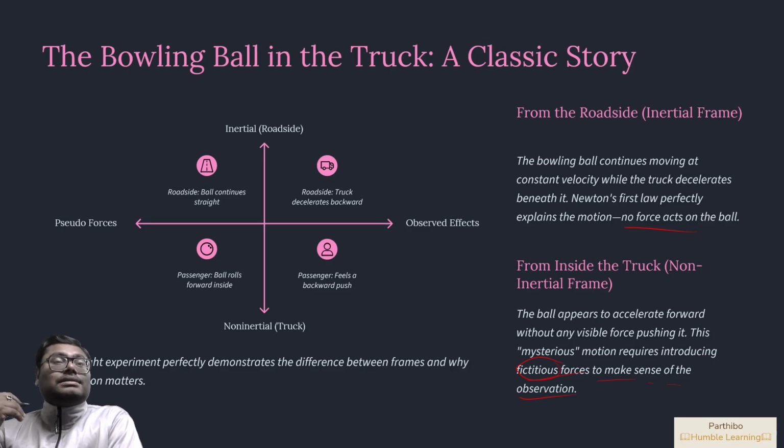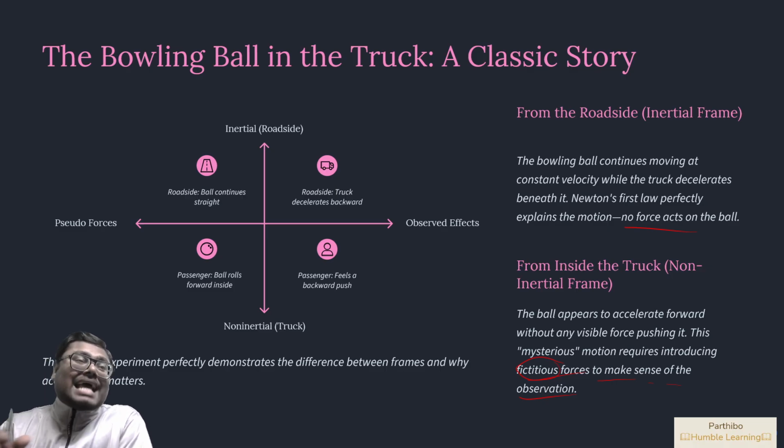The person inside the truck is never able to observe that deceleration. So that deceleration automatically adds up to the ball as acceleration. So for the person, there must be a force acting on the ball, forcing it to accelerate.